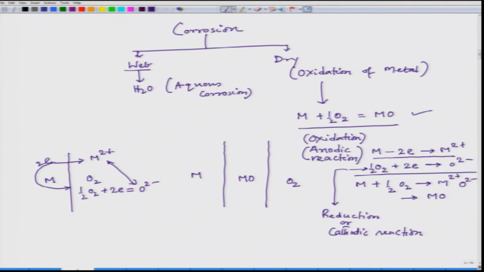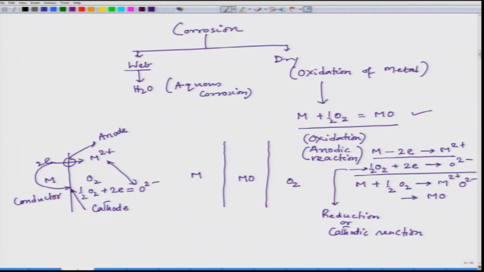Now, you see this part acts as the anode, 1 electrode, and this part acts as the cathode, the second electrode, and this is the conductor.